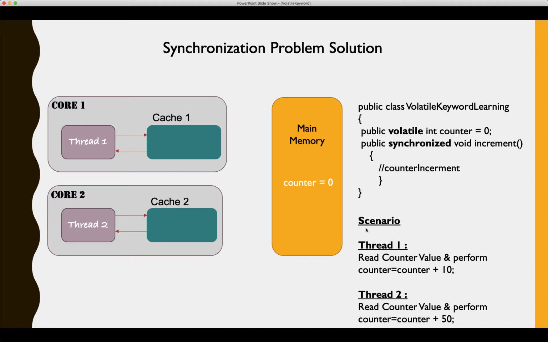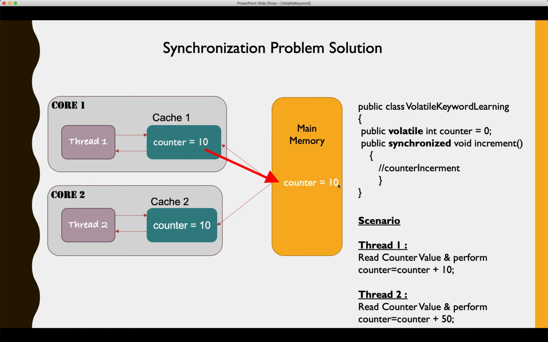So the scenario is the same. Thread 1 wants to increment the value by 10. Thread 2 wants to increment the value by 50. Similarly, as you can see, the counter value is read by thread 1 and it updated its value to 10. Now it is synchronized. My value 10 is pushed to main memory.